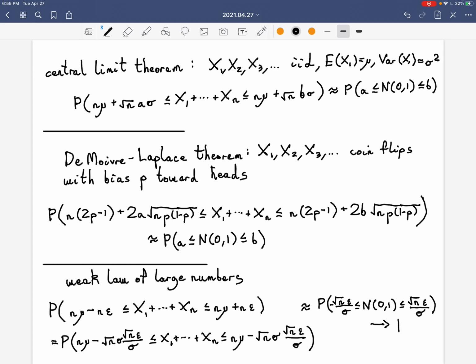And so if you want to think of the weak law of large numbers in terms of the sum rather than the average, what you see is that any positive error in the average turns into an error that scales linearly with the sum.